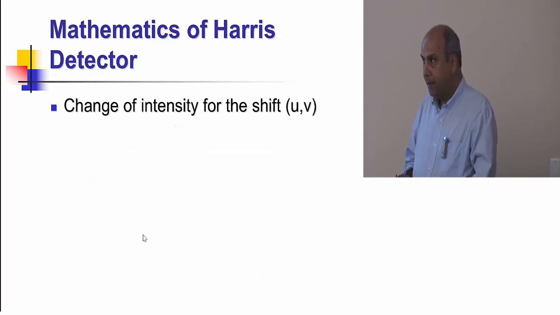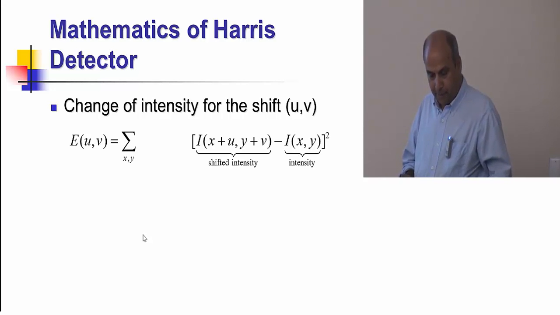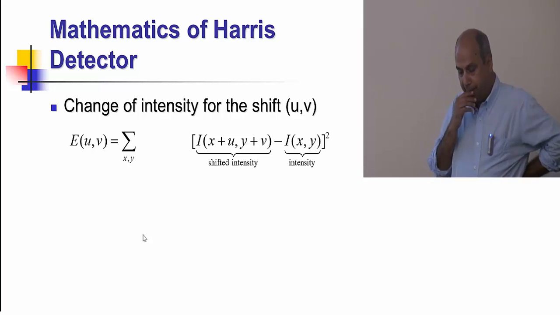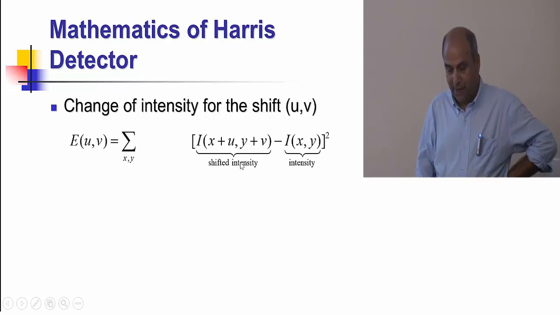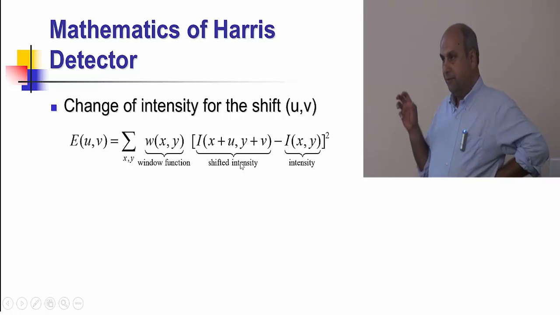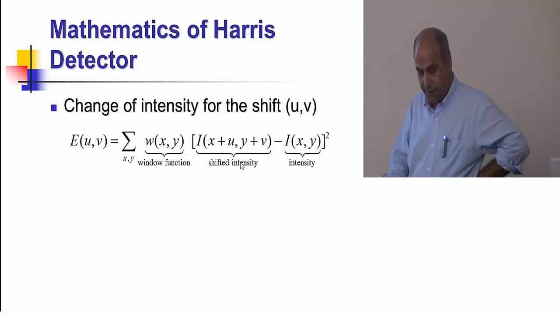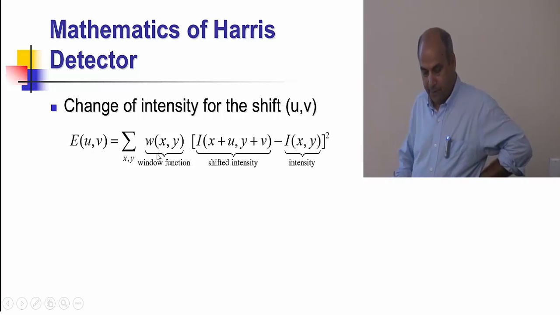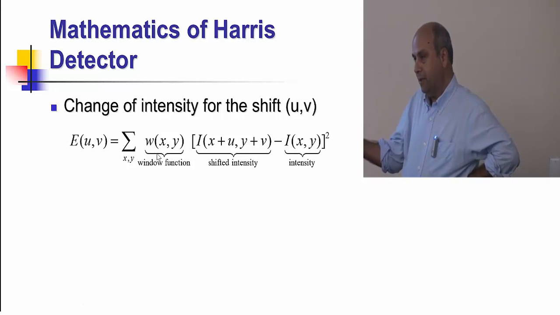So let me do a couple more things, then we'll stop. One thing is that I've simplified: we have found the sum of squared differences as unweighted, but actually it is weighted. We apply a weight to each of the squared differences, and this is again a filter, so you introduce a Gaussian filter or something.